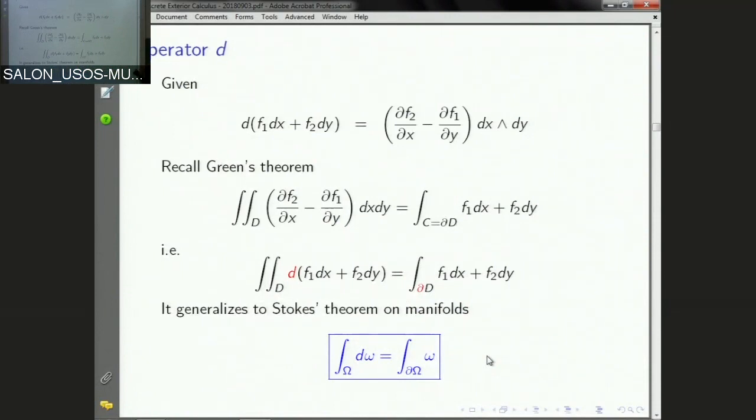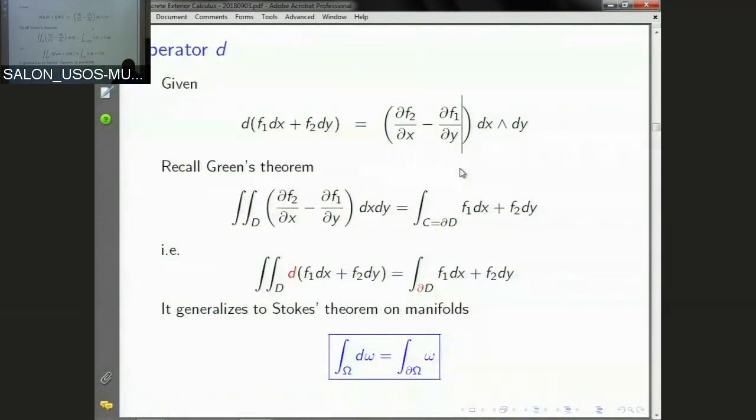So the last identity, I have rewritten it here. The differential of a one form is this object. Now we recall Green's theorem. Green's theorem, for a vector field, reads as follows.